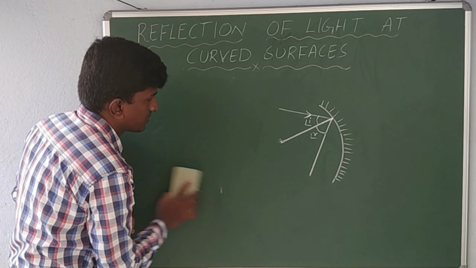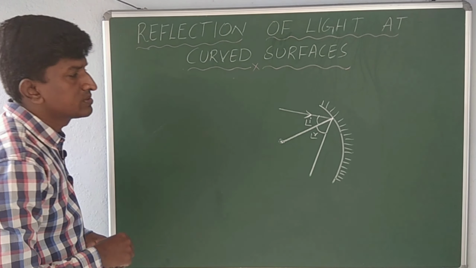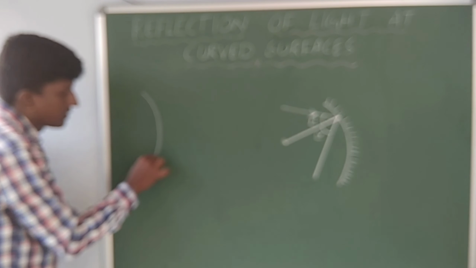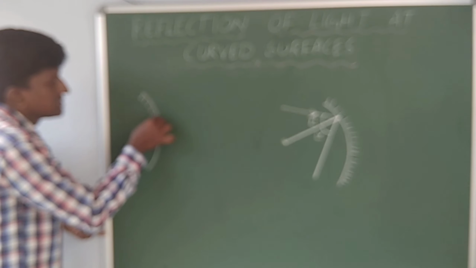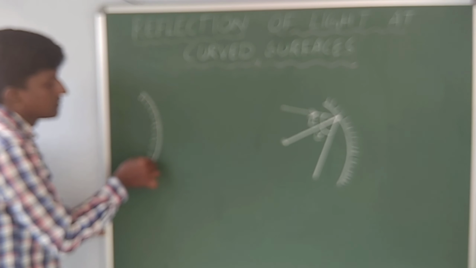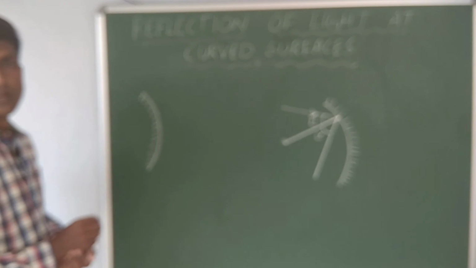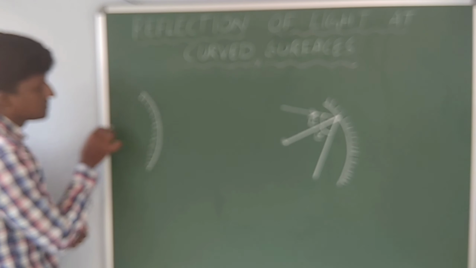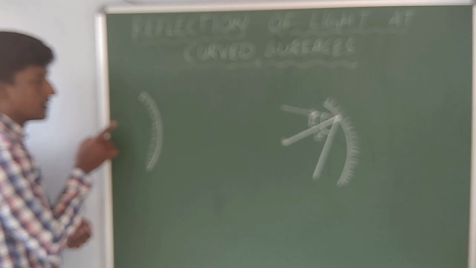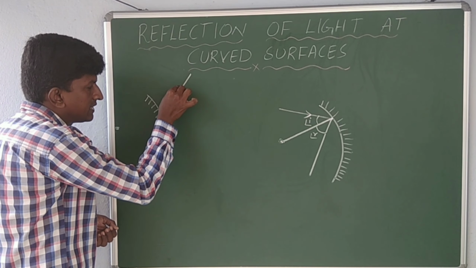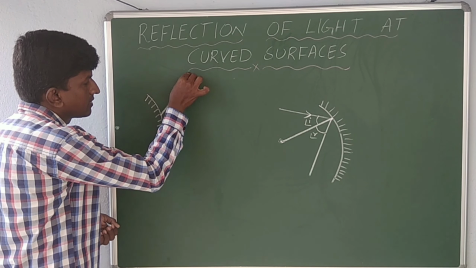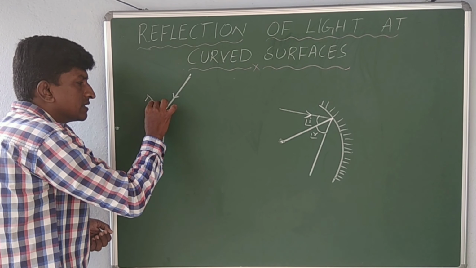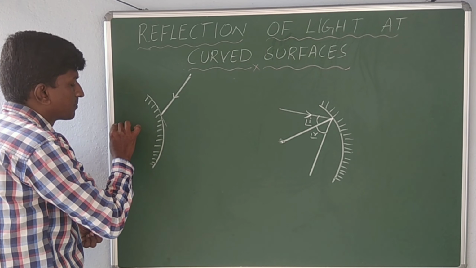Let us discuss the case of a convex mirror. Here we discussed the concave mirror; now let us take a convex mirror. The concave part is coated with silver, so the convex part becomes reflecting, and let us say this is the center point of the sphere. A light ray is incident here. As we know, at this point the surface is tangential, perpendicular to the normal line.